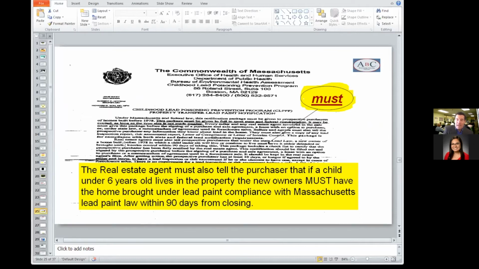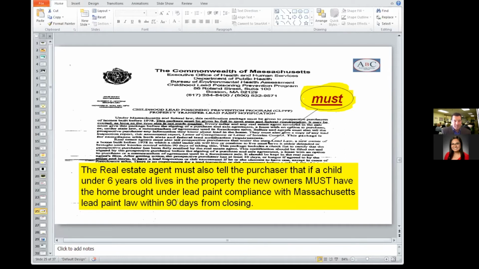Second paragraph down. It says the real estate agent must, M-U-S-T, also tell, lips flying, tongues flapping. You must also tell the purchaser that if a child under 6 years old is going to live in this house, the new owners must have the home brought under lead paint compliance within 90 days of the closing.